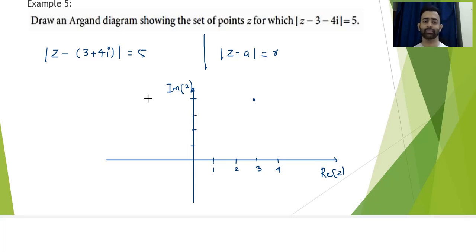Okay, and the radius of this is 5, right? So you have to draw a big circle, because if you count the distance, this vertical distance is 4. Basically, this is 3, 4, this is basically 4, not 3. So definitely if you have to draw a circle whose radius is 5, it will be a big circle whose center is 3, 4.